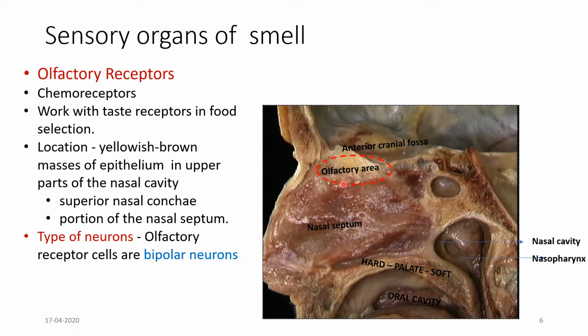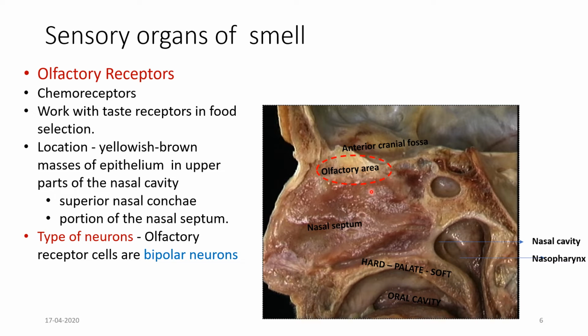In the previous slide you have seen the lateral wall of the nasal cavity, where you could identify the superior nasal concha, and in this picture you are identifying the superior part of the nasal septum, which contains the olfactory epithelium containing the olfactory receptors, which are concerned with the sensation of smell.